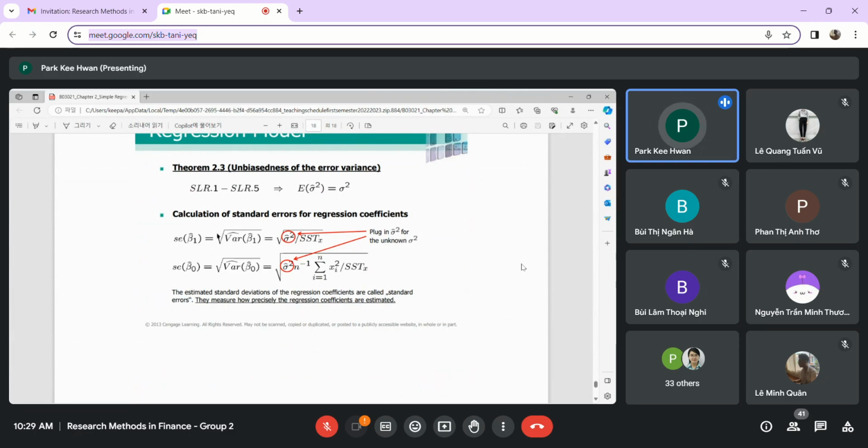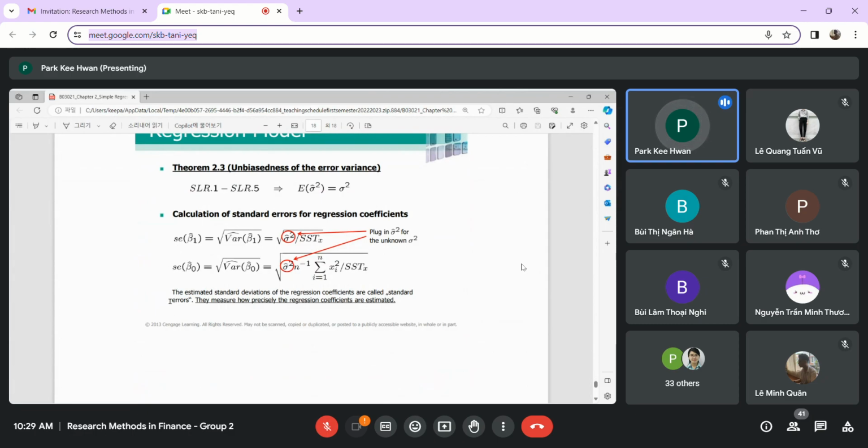Okay, you don't have to remember this expression because your software program will produce the standard error of the slope coefficient.